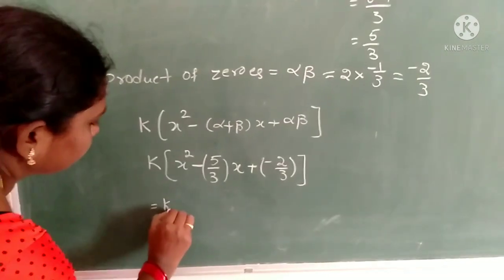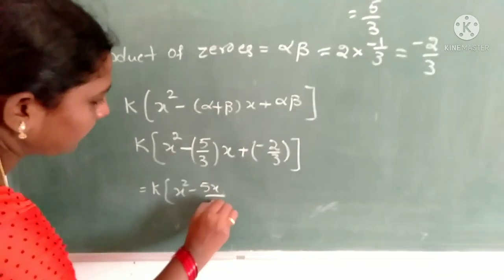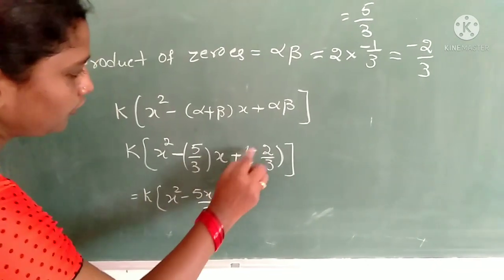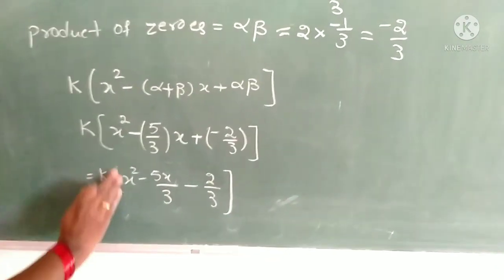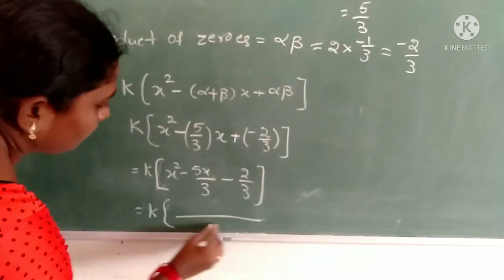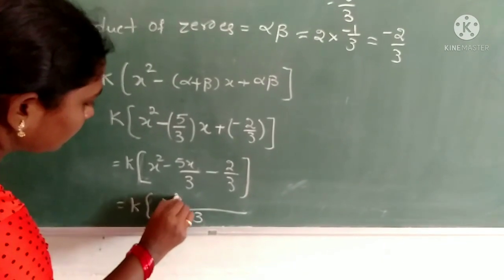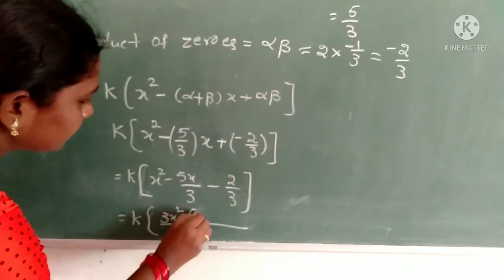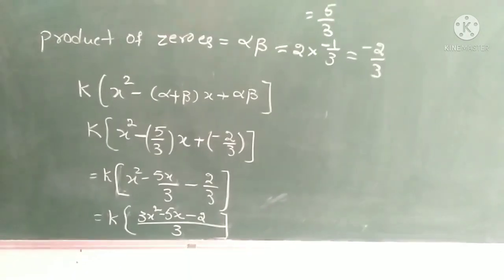Simplify: x square minus 5x by 3 plus into minus 2 by 3. Next, k into LCM 3: 3x square minus 5x minus 2.